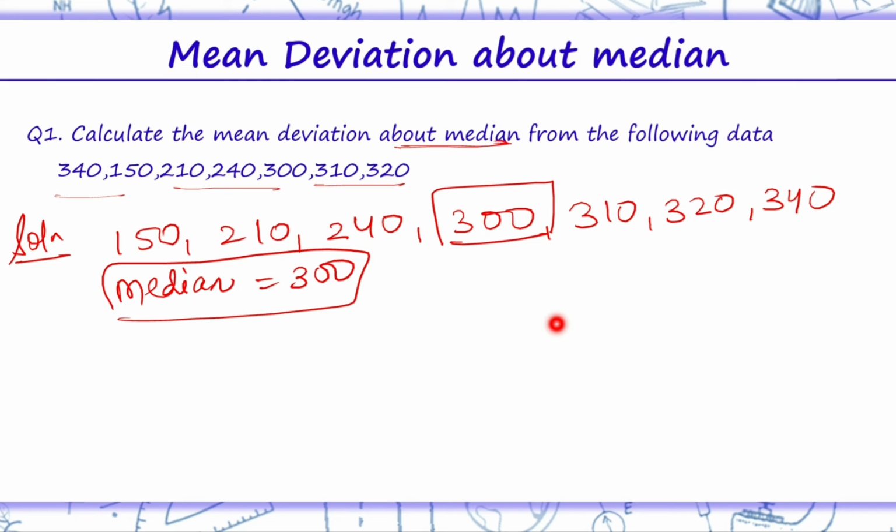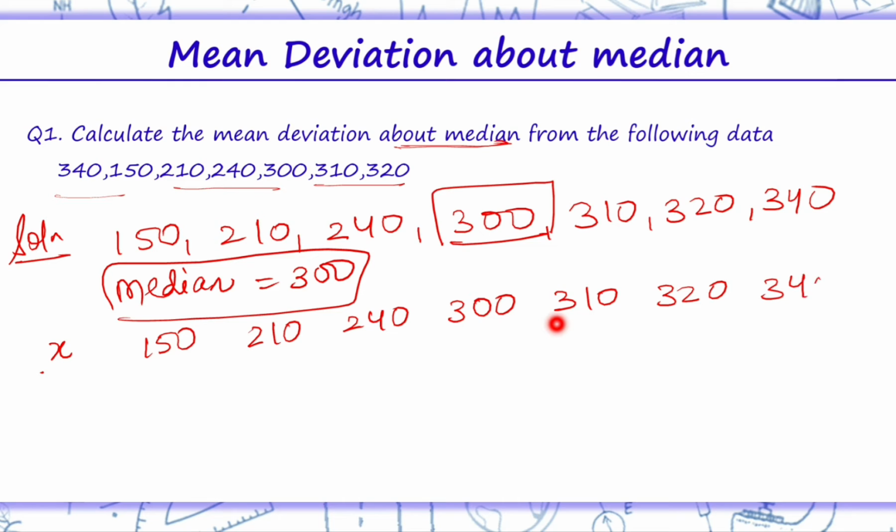Now we'll subtract all values from this median. So this is x: 150, 210, 240, 300, 310, 320, 340. Now we have to calculate mod of x minus median.